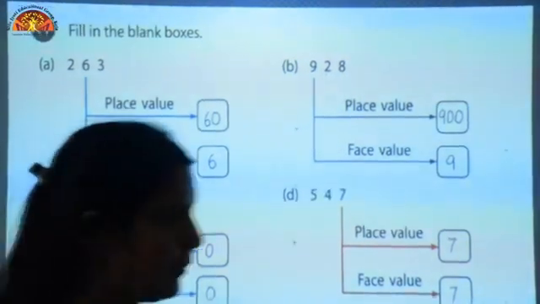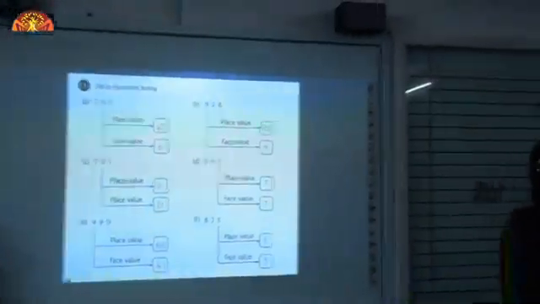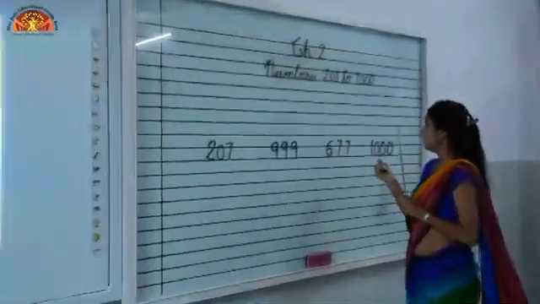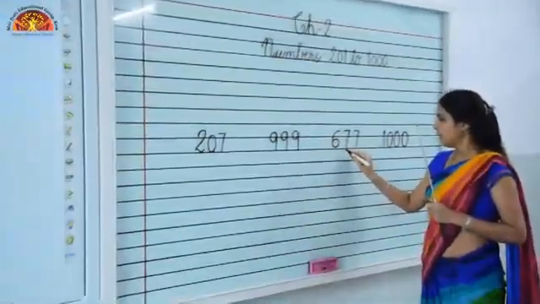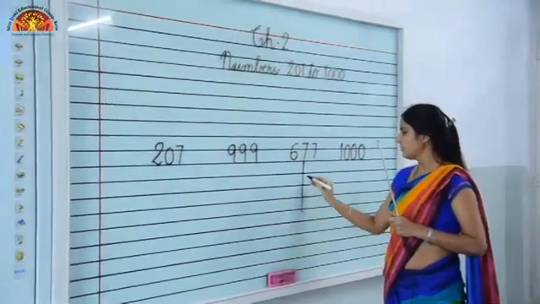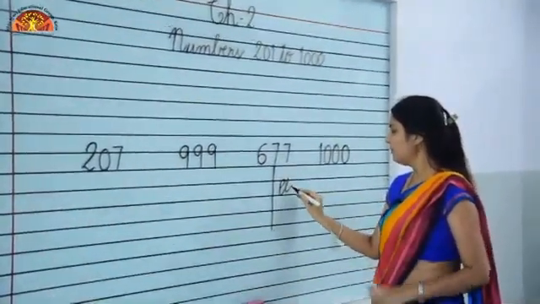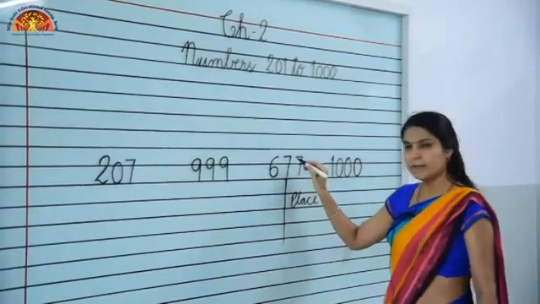Let's see one more example on the board. Suppose I am telling the place value of this, the place value of 7. It is at tens place.